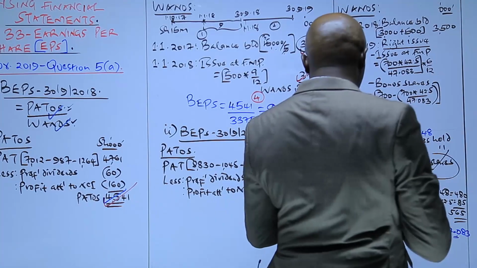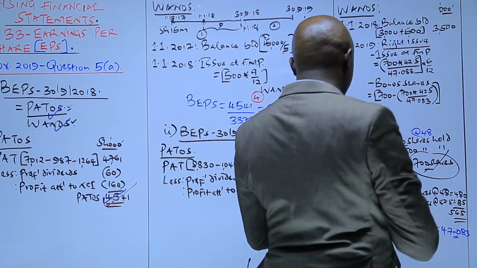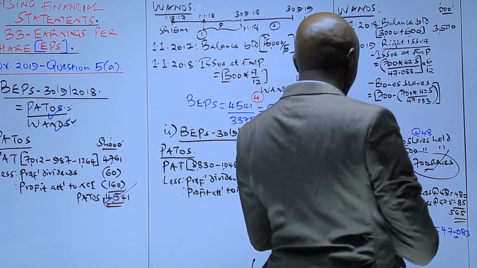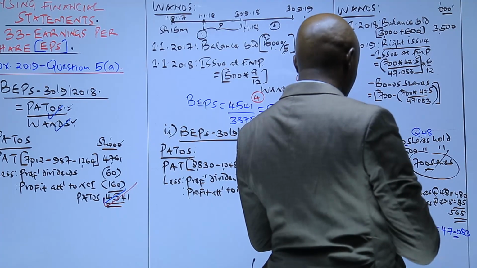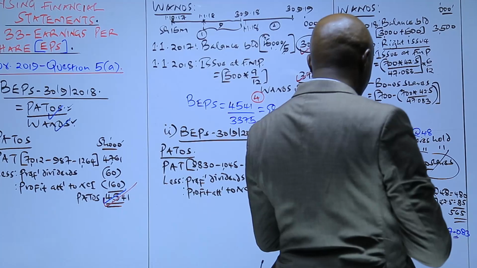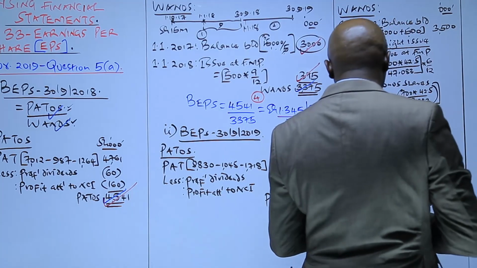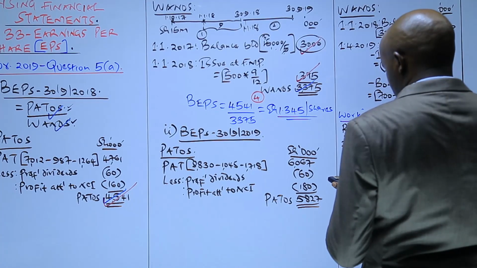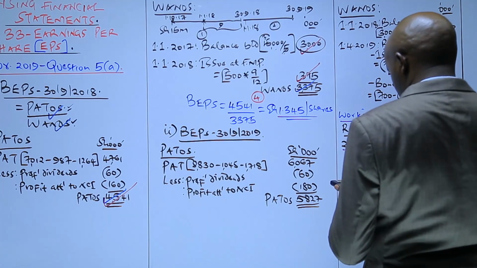So let's first determine the shares issued at full market price: 700 times 42.5 divided by 47.083, which will give us 631. Let's take that again.